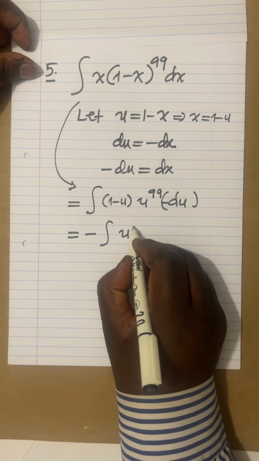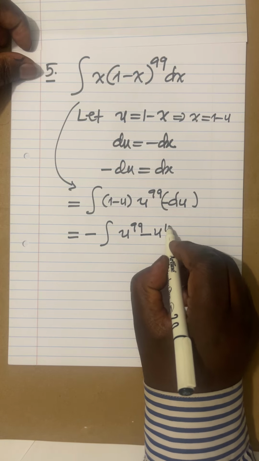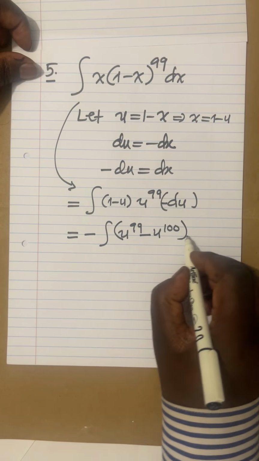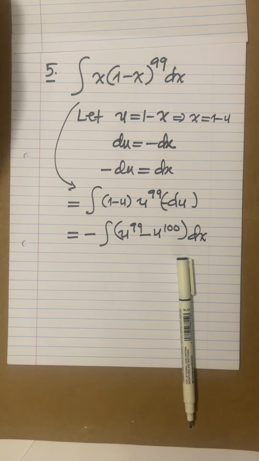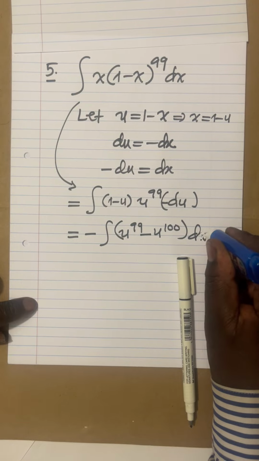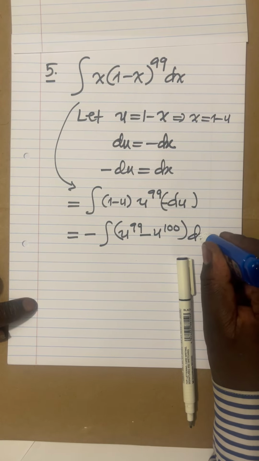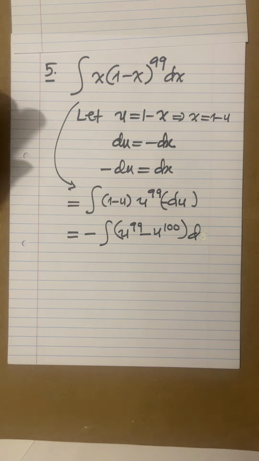So I'm going to have u to the power 99 minus u to the power 100. But remember, it has to be in brackets like so. du actually, not dx. My hand is used to dx here. Just make sure that you are awake all the time when you're evaluating these integrals.